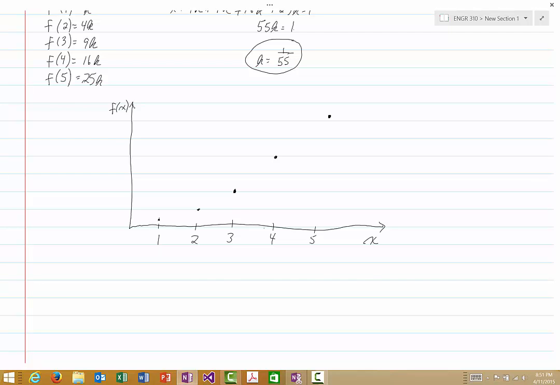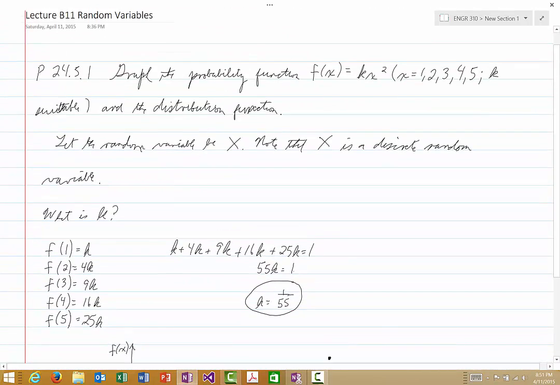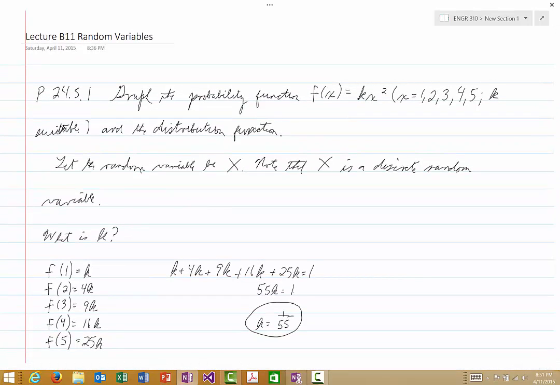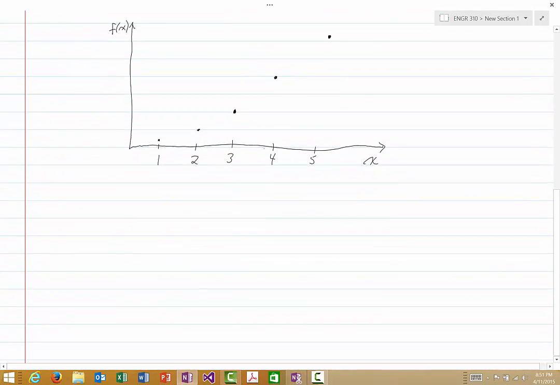So now let's come to the second part of this problem. We've graphed the probability function, we have found k, but now it wants us to do one more thing, and that's to graph the distribution function. Well, what is the distribution function?